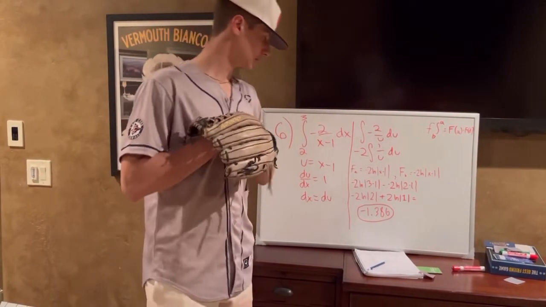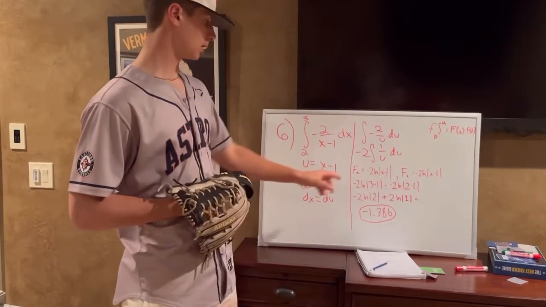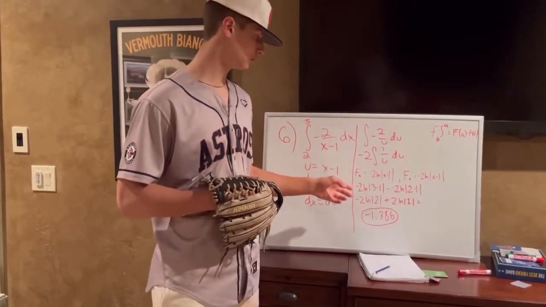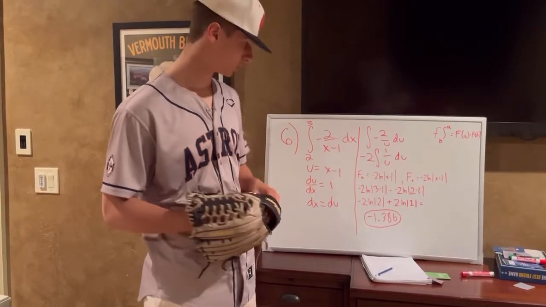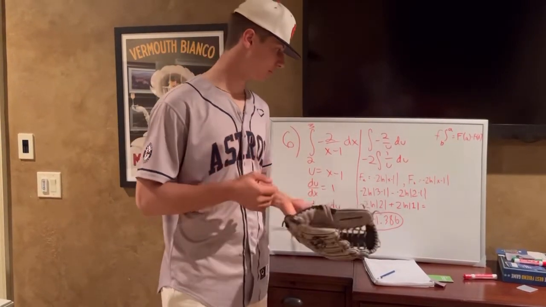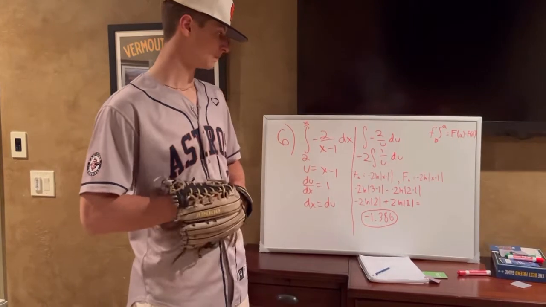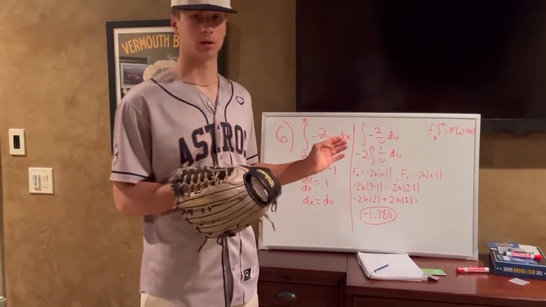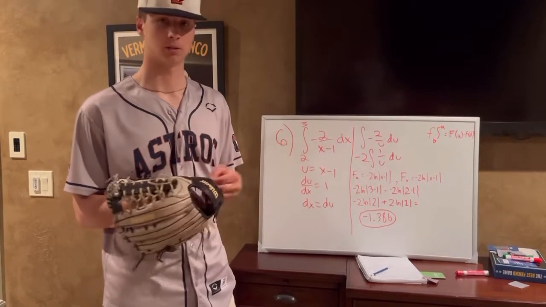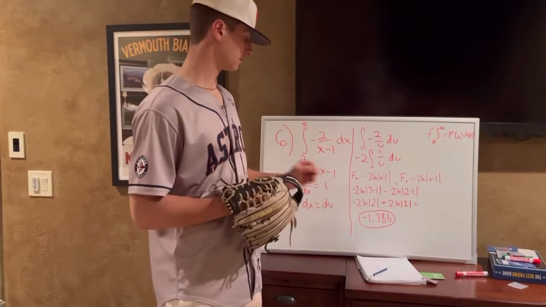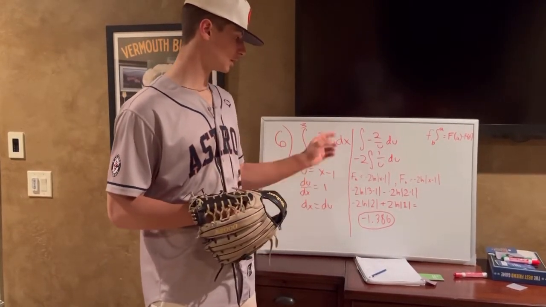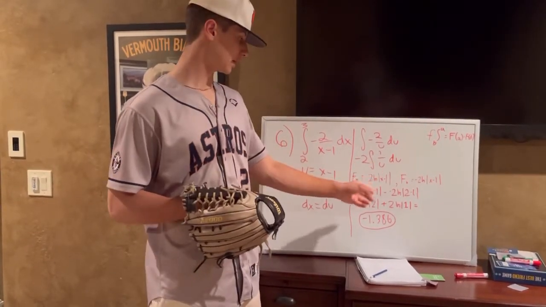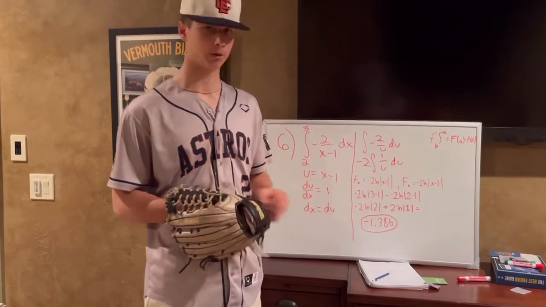All right, so then we bring that down here. Our F with the A subbed in would be -2 natural log times x minus 1. And our F of B would be the same thing. And then after we substituted the values into the problem, that gave us -2 natural log times 3 minus 1 minus -2 natural log 2 minus 1.